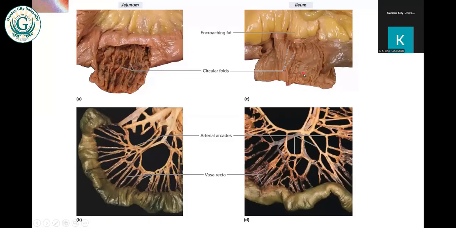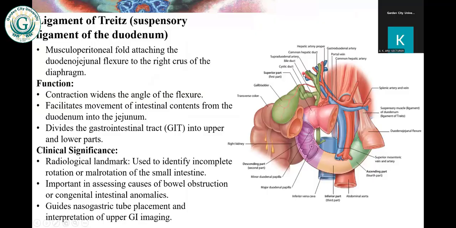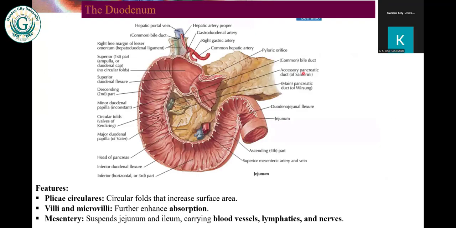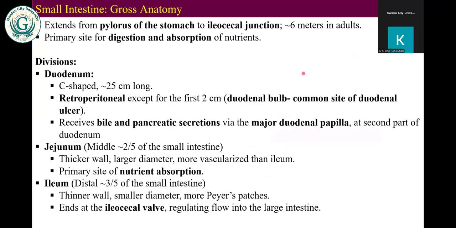In the ileum, these lymphatic nodules aggregate, and we call them Peyer's patches. So the ileum has a thinner wall, a smaller diameter, and Peyer's patches. Peyer's patches are basically aggregations of what? Lymphatic what? Nodules.